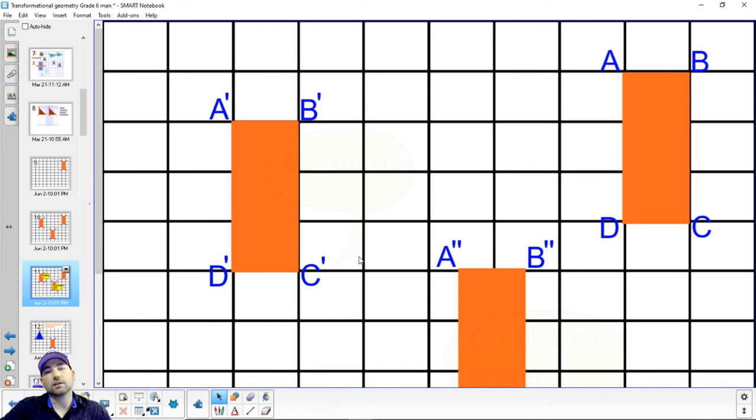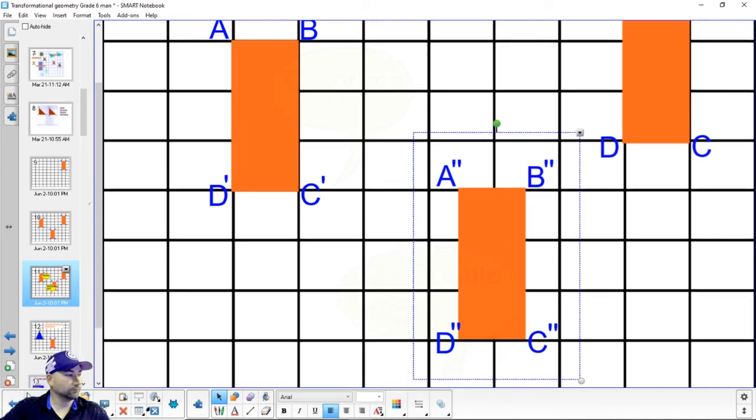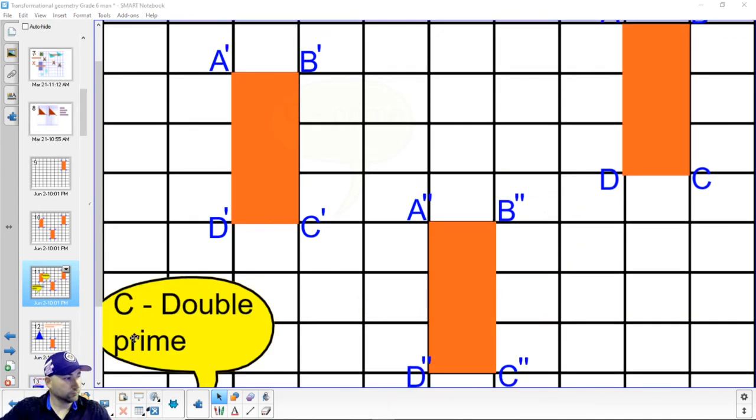And now, to move it again, okay, let's translate that rectangle A1, B1, C1, and D1 to this space. Actually, it's not. To this space, I would say translate it 1, 2, 3 spaces to the right and 1, 2, 3 spaces down.